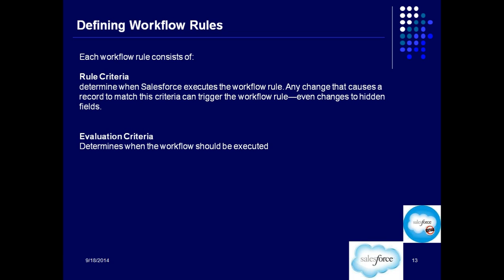Based on your evaluation criteria, only when you define the rule to be evaluated, then only it will be evaluated to check the rule criteria. Got it? So for example, if I say that evaluate the rule only when a new record is being created, don't evaluate it when an existing record is being updated. So then what will happen? Your rule will be checked only when a new record is being entered into the system. Got that thing?